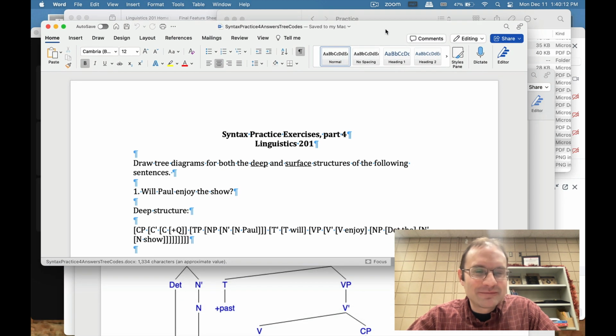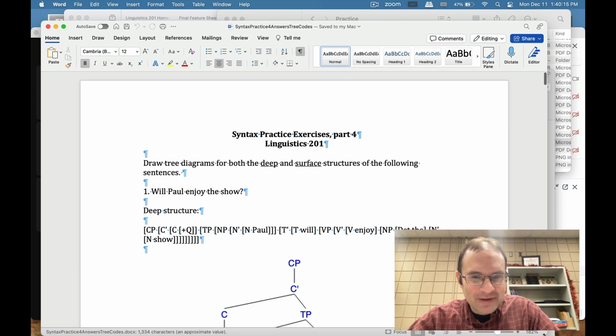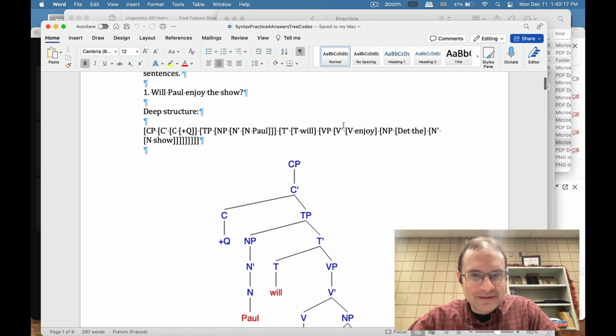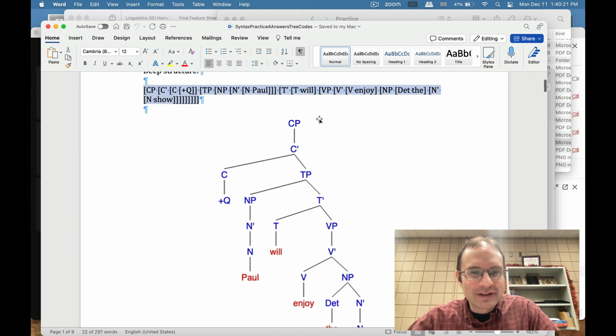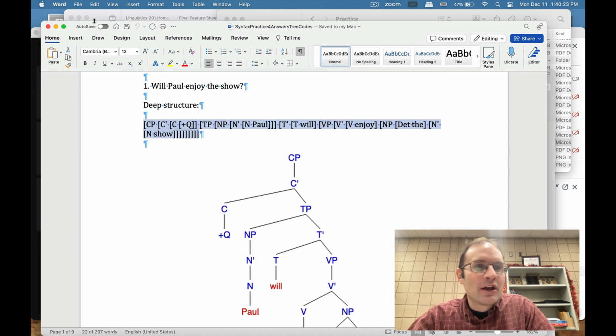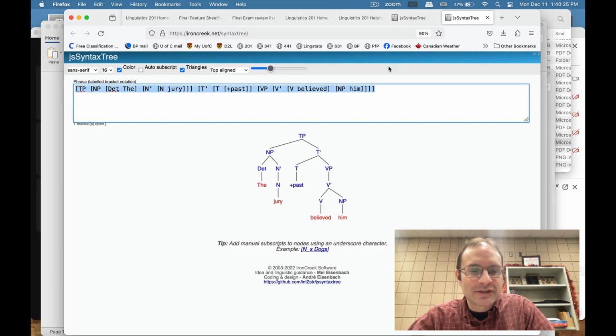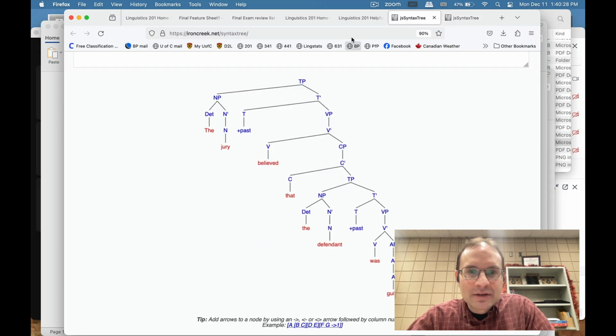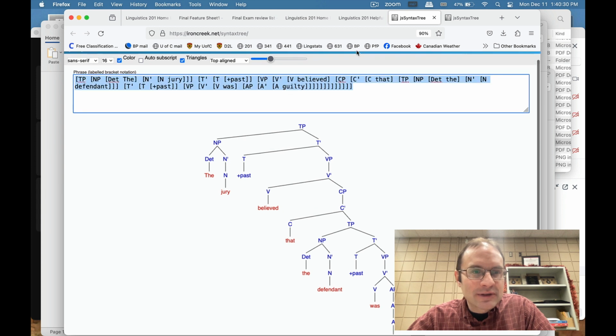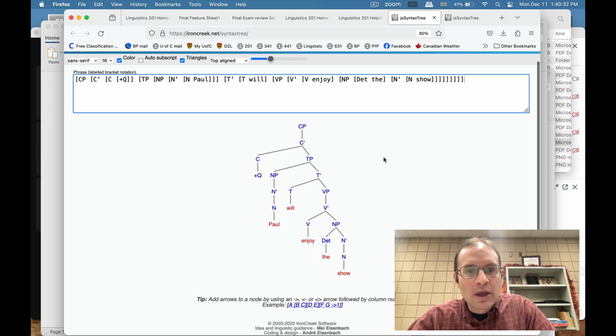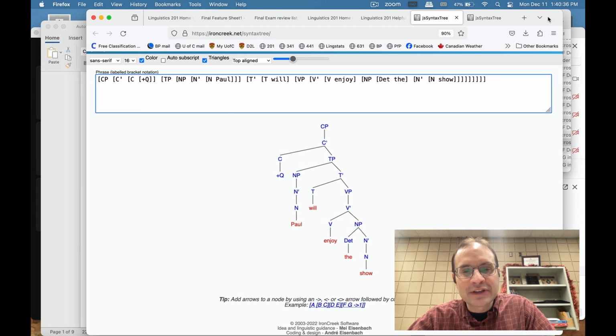We've only done it a few times and it's a bit tricky. I'm not going to say the proportion of things on the final, but let's look at this basic one from those practice exercises, because we did not spend much time on those in class. It's something that's more in the notes in the textbook. So this is forming a yes/no question.